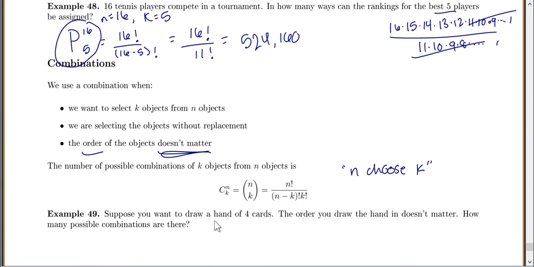So we want to draw a hand of 4 cards, so there would be 52 cards total. We want to draw 4 of them. So we are looking for C of 52, 4, or we're looking for 52 choose 4.